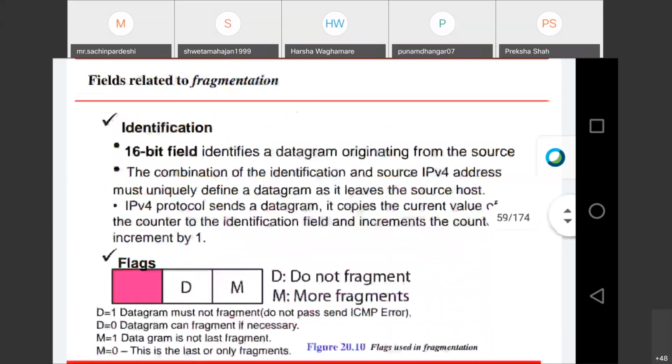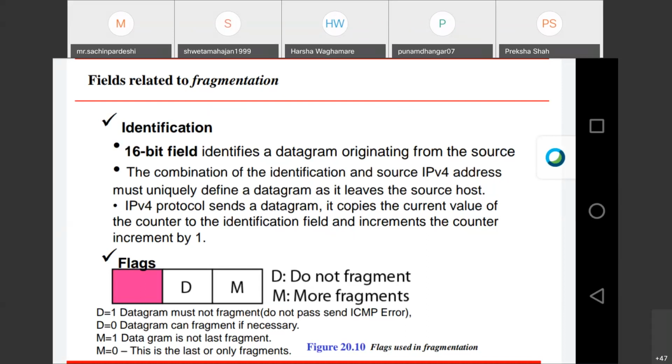Now the second phase is identification. Suppose you are dividing one datagram into three parts. Whenever these three parts are received at the destination machine, the destination machine has to recollect all three parts, combine them together and pass the combined datagram to the upper layer, right? How will it know all these three parts were fragmented from this datagram? For that purpose, the identification field is required.